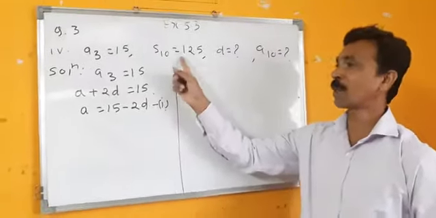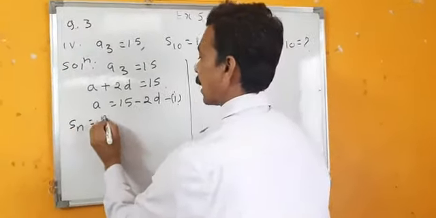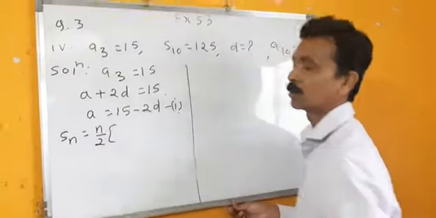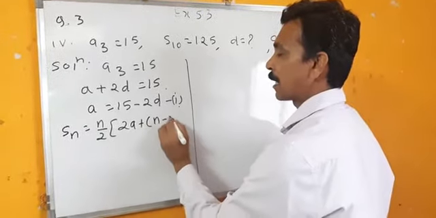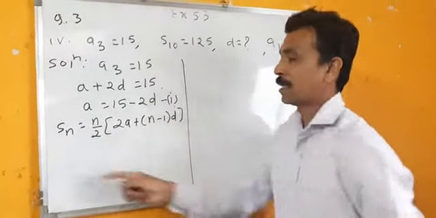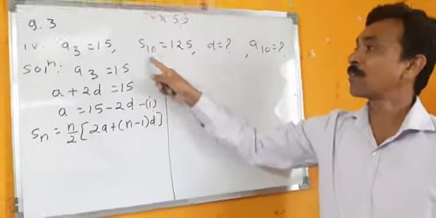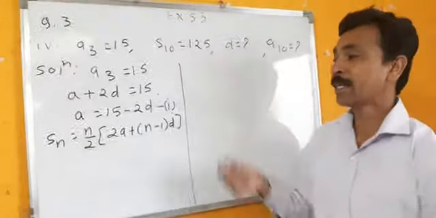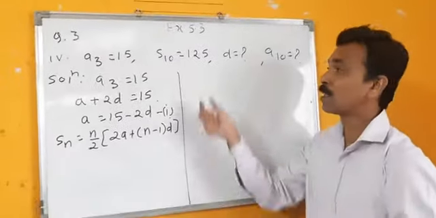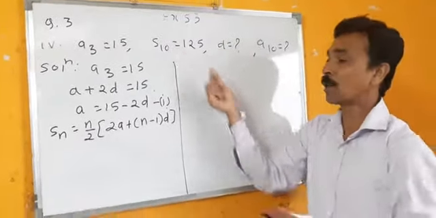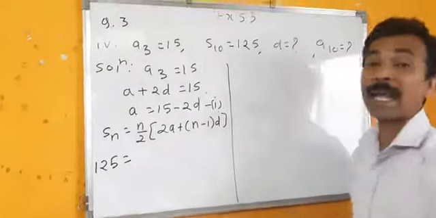Now I'll use the formula Sn. Sn is equal to N by 2 into 2A plus N minus 1 into D. But what is this? S10. What is the value of S10? 125, right? So it will be here 125 is equal to N by 2.